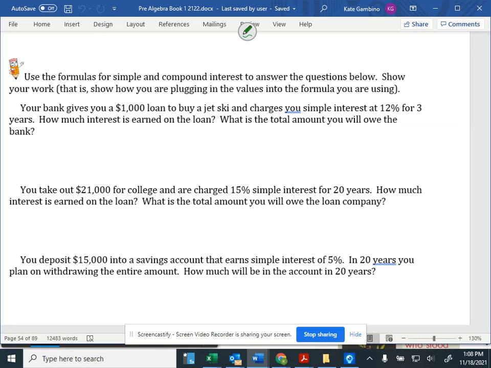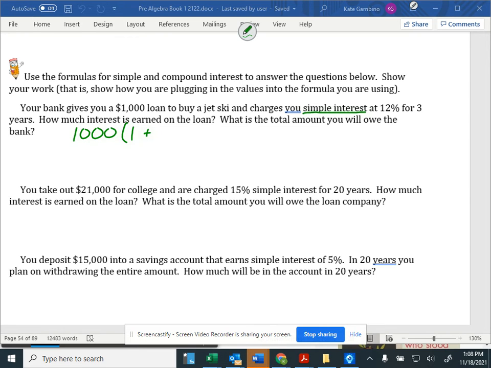So, simple interest. How do I set up my calculations? Nathan? It's 1,000, then in parentheses, it's 1 plus 3 times 0.12.